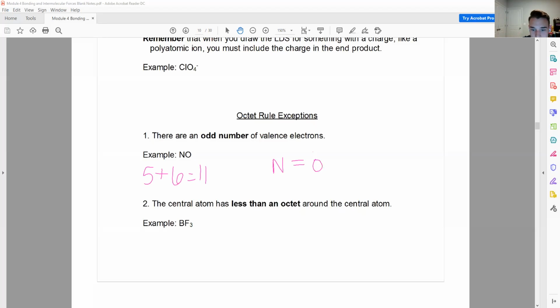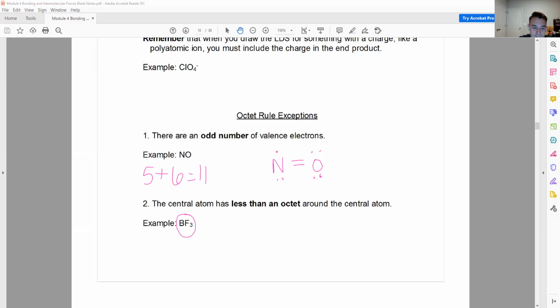The structure for this looks like this, and then nitrogen will have 1 lonely electron. Would I expect you to be able to draw that one? Not really, but I'm showing you that it is possible for nitrogen to have an odd number and less than 8 and still be happy. The central atom can have less than an octet.